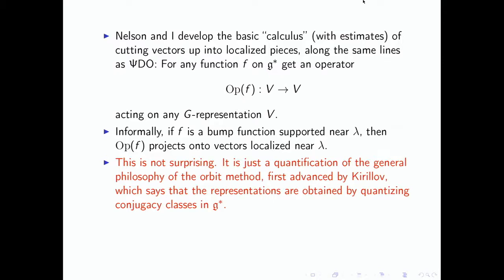It's part of the general philosophy of quantization that you should have this kind of picture. Maybe no one needed this precise calculus before, but there's no surprise that it exists. It's not something particularly novel. I think, however, Kirillov's emphasis was using this idea to classify representations, but the point is that you can also use it to do computations within representations.